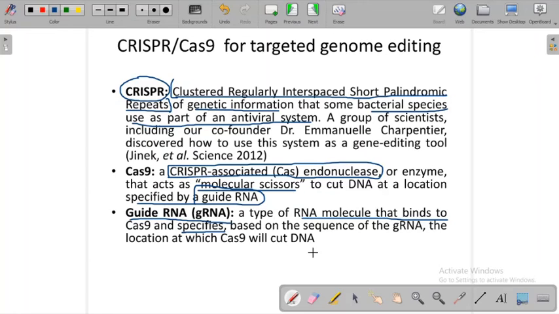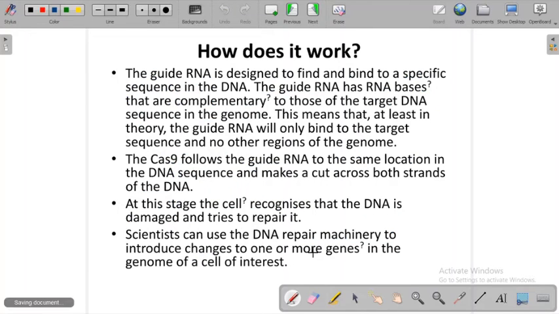Whenever viral attacks occur on the bacteria, they store a kind of guide RNA, so they remember it for future infection by the same viruses. This defensive mechanism of bacteria, we are using for our purpose to cut DNA.